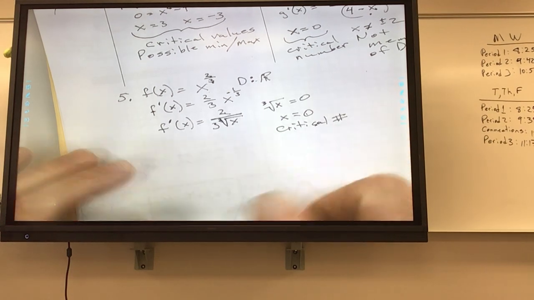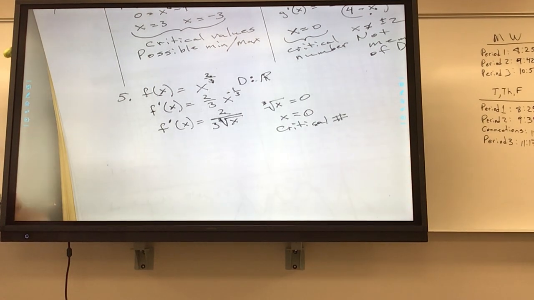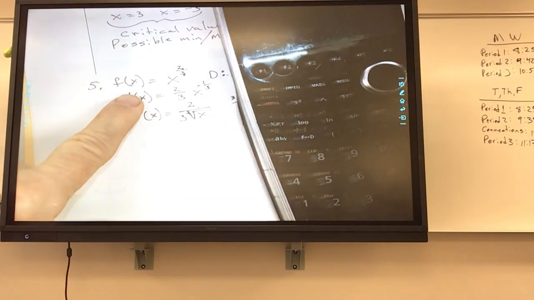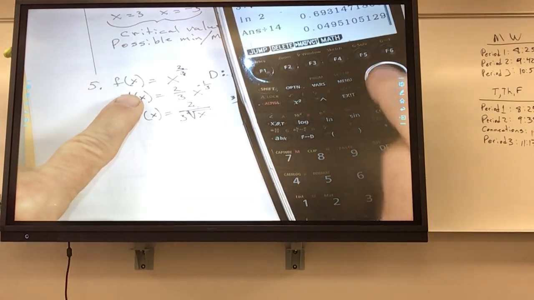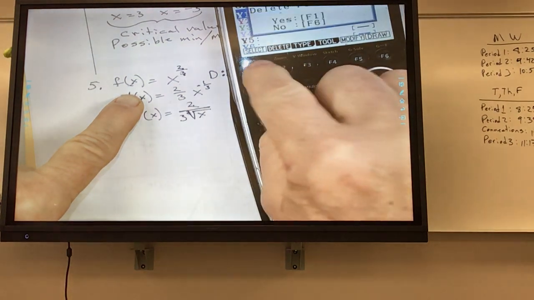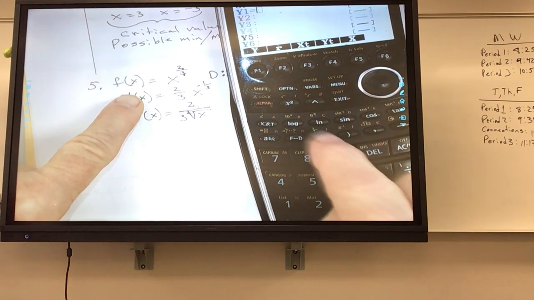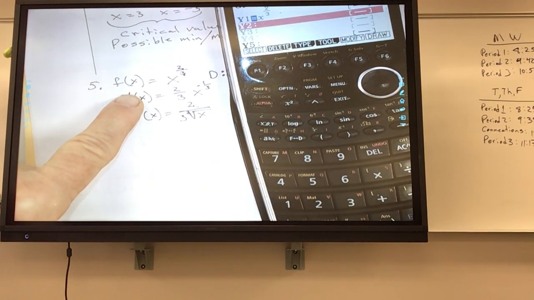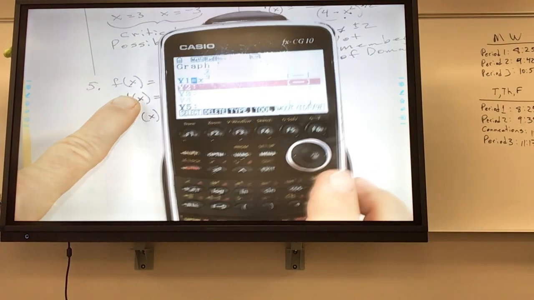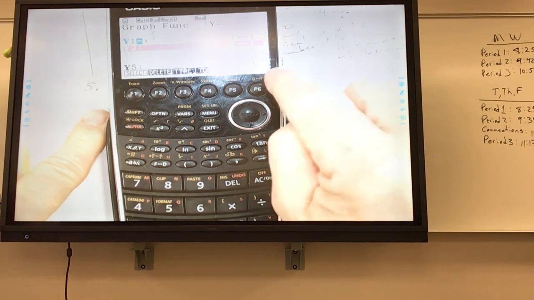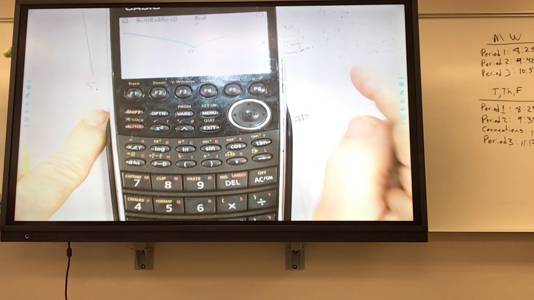Now, I'm going to answer your question in 1 second. I graphed this, remember I'm graphing this. So I'm gonna put x raised to the 2/3 power. There it is, right there. I'm gonna hit draw. Look at that.